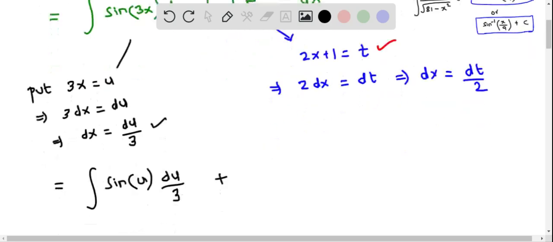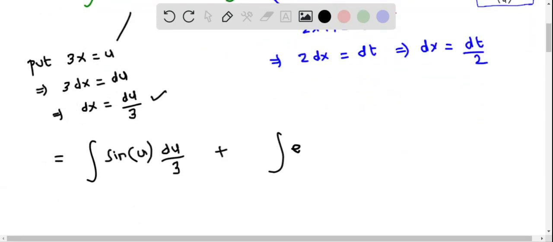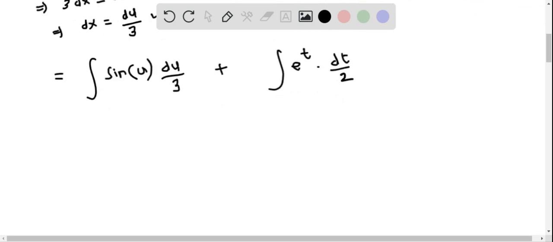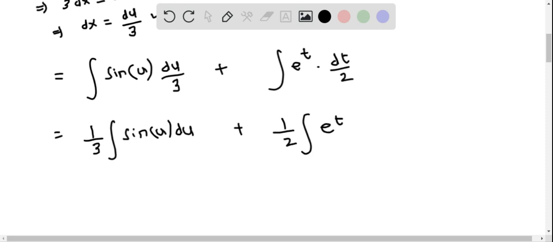So this integral will get converted as e raised to the power of t times dt over 2. Now we can integrate both the terms. So here I'm going to factor this 1/3, which is a constant, out of the integral, and we have to integrate only sine u over here. And similarly, I can factor the 1/2 over here, and then integrate only the e raised to the power of t. Then we have this dt.